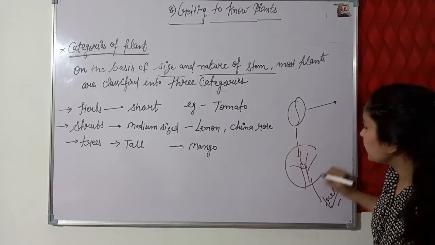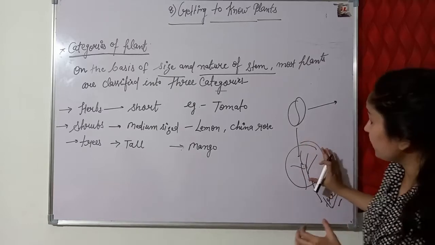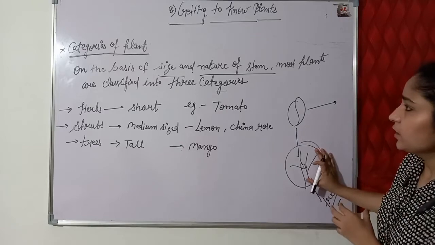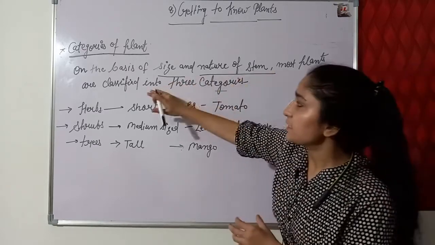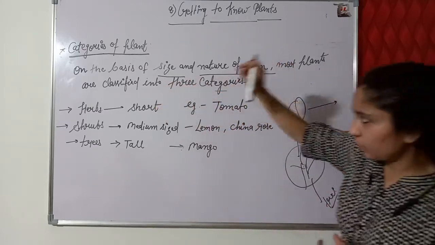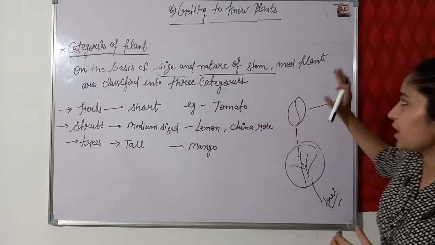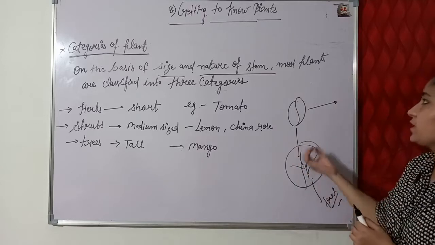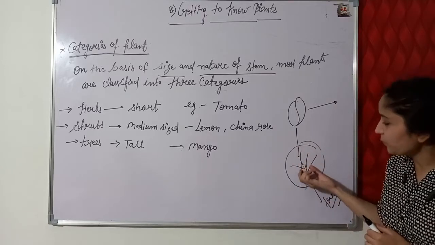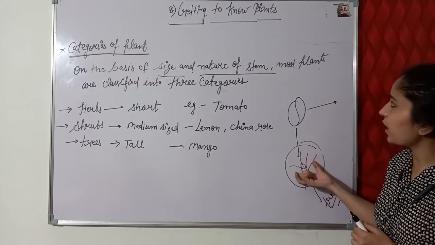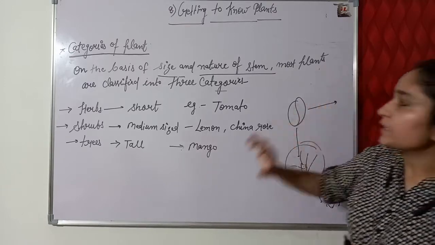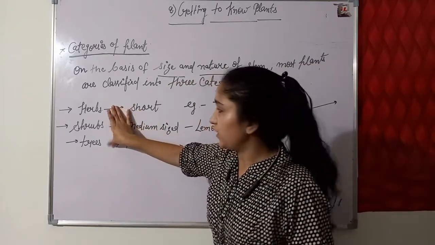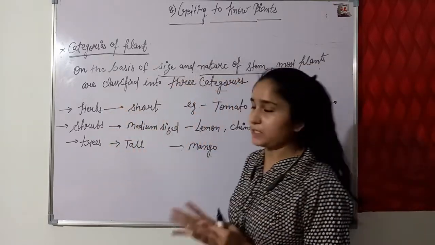On the basis of the size and nature of the stem of the plant, most plants are classified into three categories. Here are the three categories: herbs, shrubs and trees.